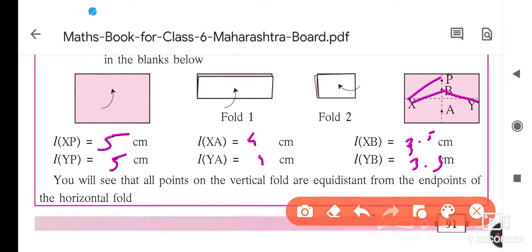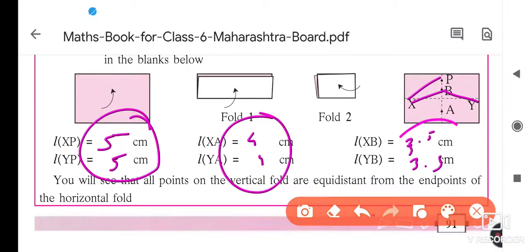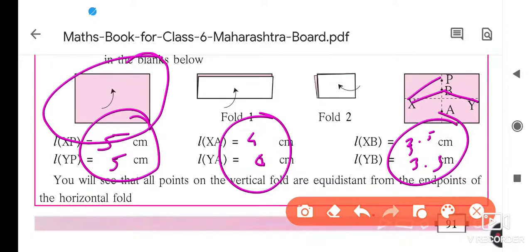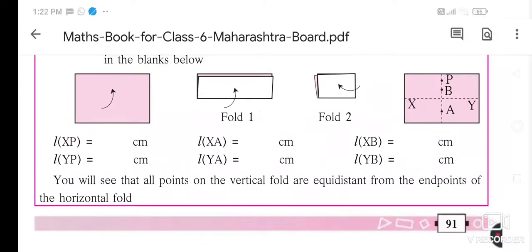Your distances will be different from mine. It depends on the page you have taken, on how much length you took when folding the paper at first. So from this we conclude that every point on a perpendicular bisector is equidistant from the endpoints of the segment.